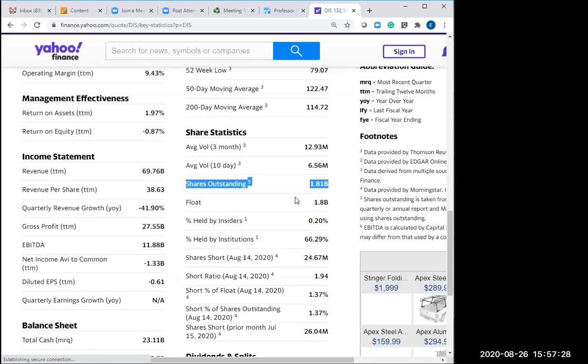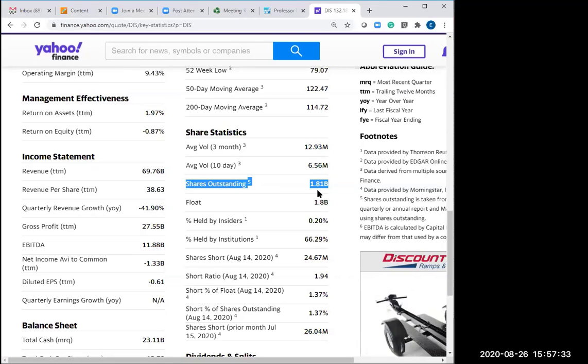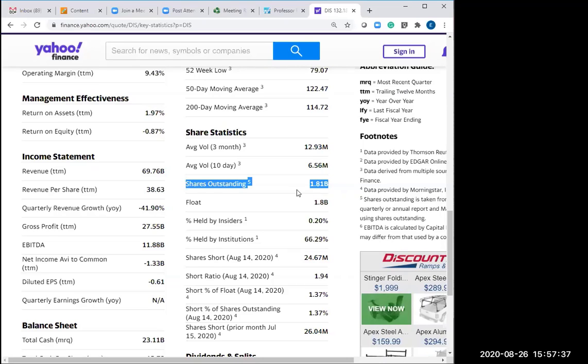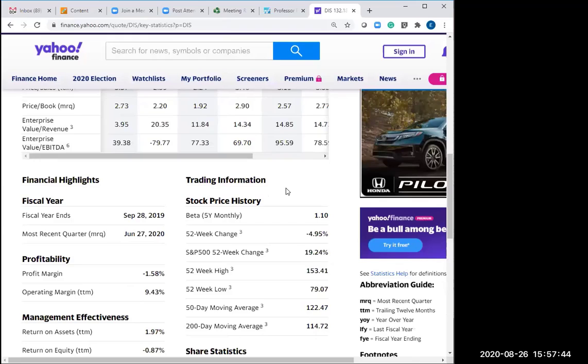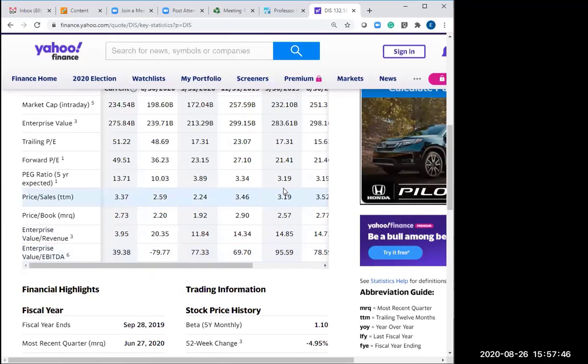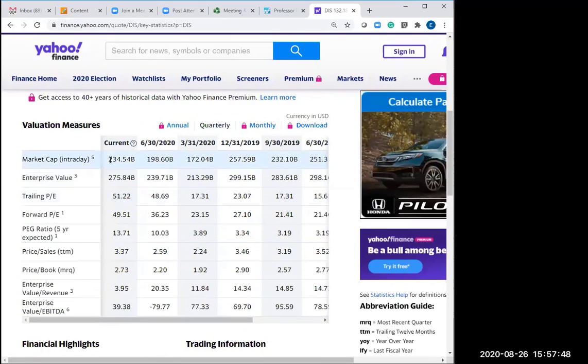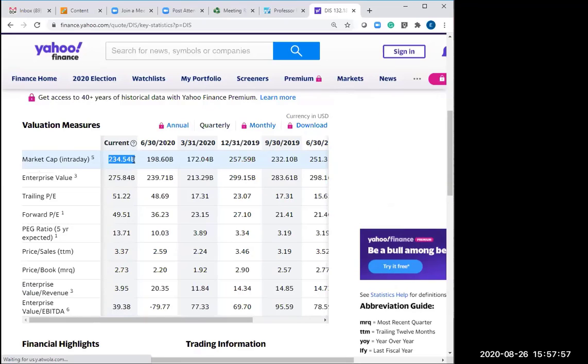You multiply that by the $131 share price, and what do you get? You get something about $250 billion market value. And I'm going to see here, maybe here, okay, here it is. So right here, 234 billion. So basically multiply the share price by the number of shares outstanding, and that's how we estimate that.